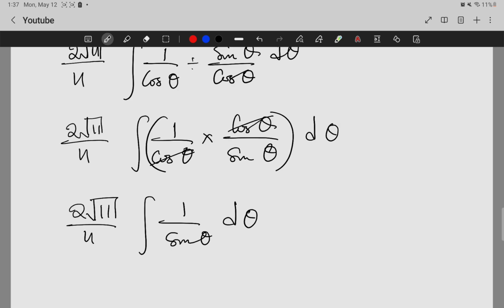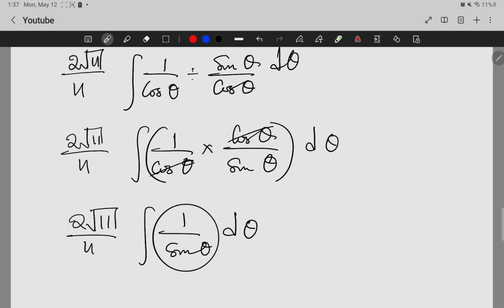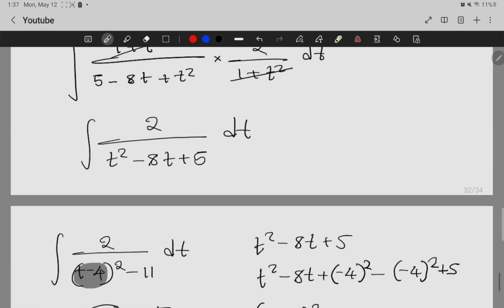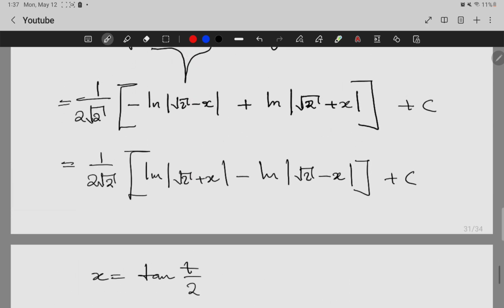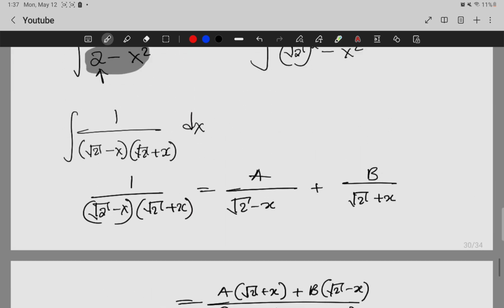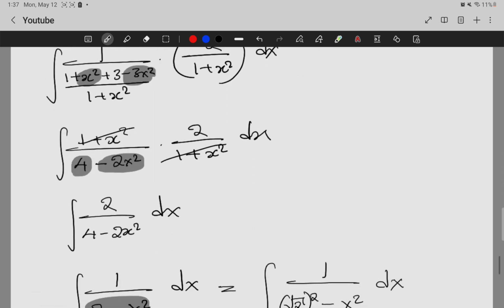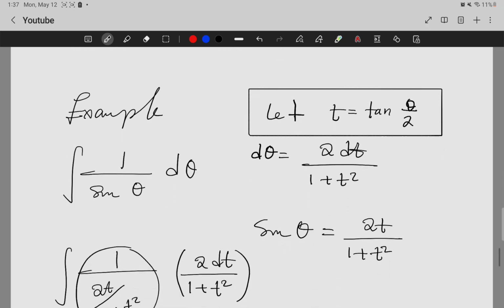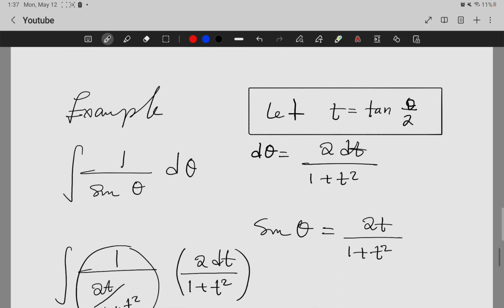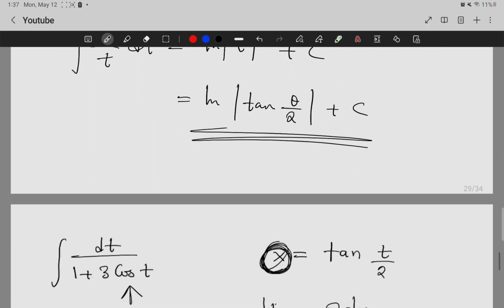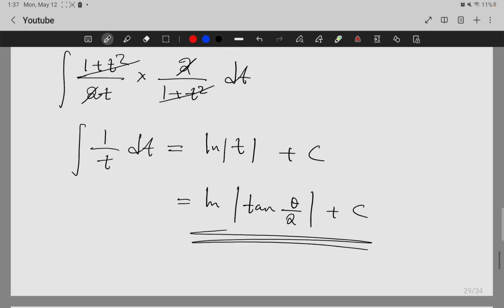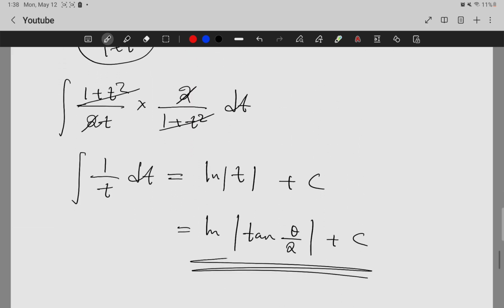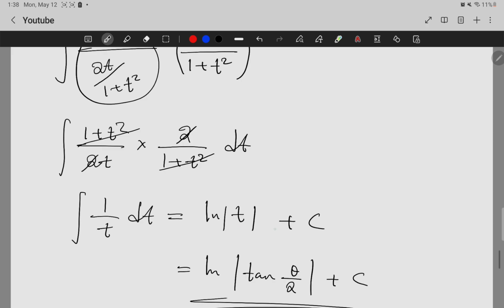Here, we can just recall the fact that we already obtained the integral of 1 over sine theta in the previous video. And let's see what we found when we integrated that one. It was the first example we did. Yes, here. We used this same approach and it came out as this.